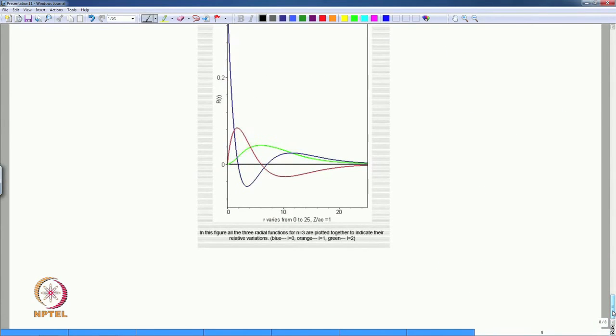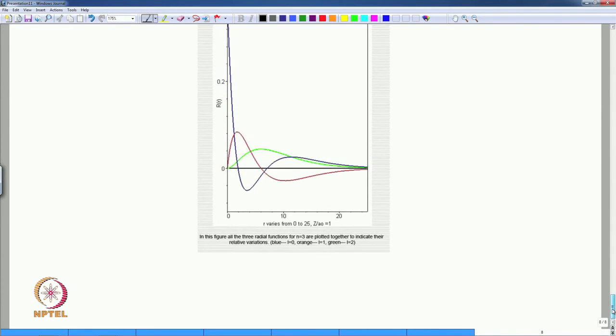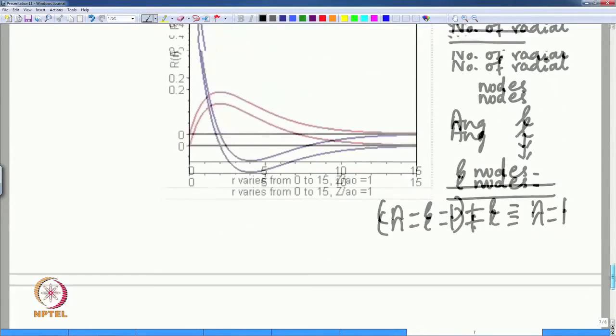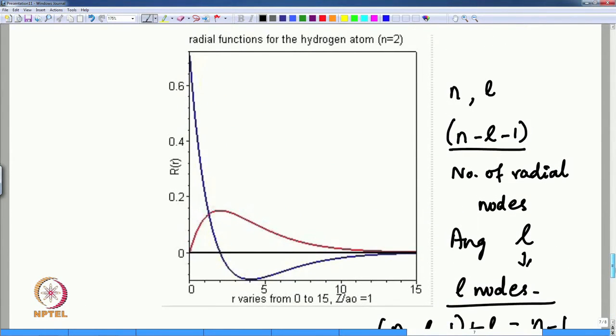So let me conclude by putting all these functions together for each value of n. This is for n equal to 2, the two functions are, this is L equal to 0 and L equal to 1, gives you an idea that the maximum value of these functions is slightly farther from the maximum values that you would see for n equal to 1.